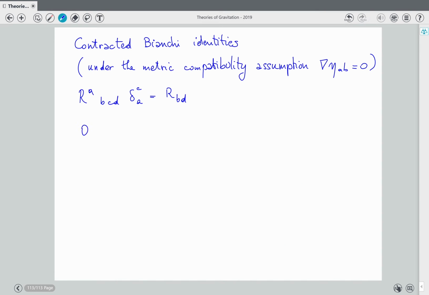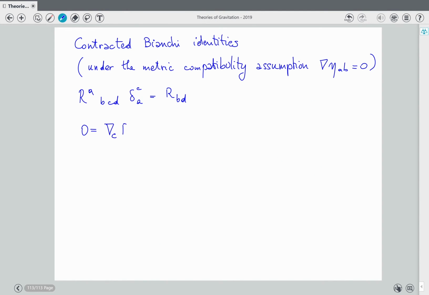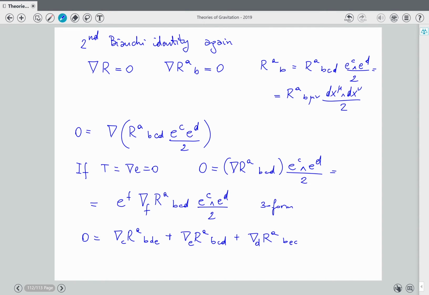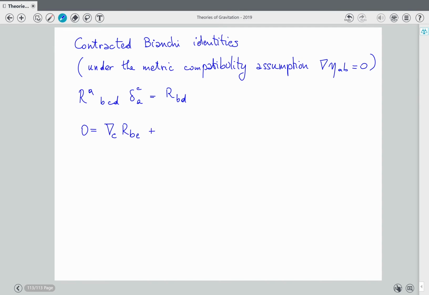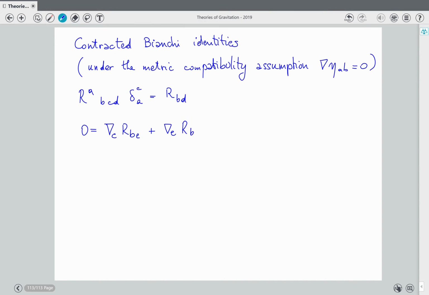So that is 0 equals delta AD, that is the Ricci tensor BE, so del C R BE plus del E, and then when you contract A with D, since obviously this object is anti-symmetric in the last two indices, you get minus the Ricci tensor with indices B and C. Minus.